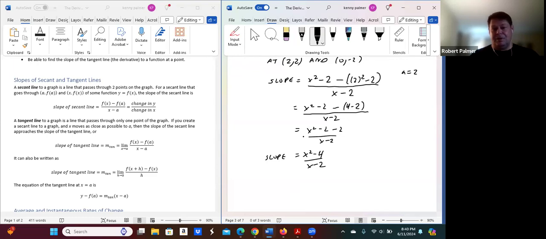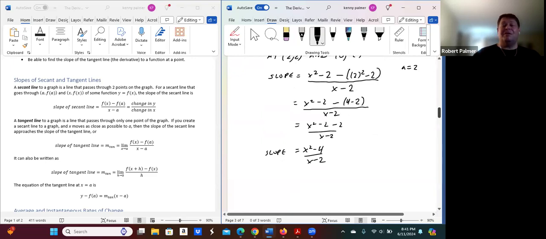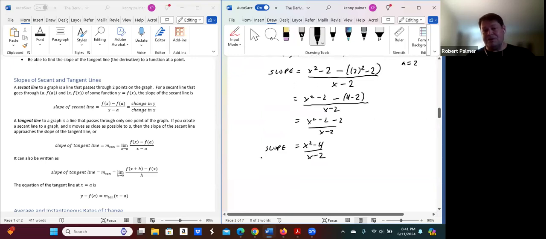Now, what happens if I take the limit of this as x goes to 2? That's the slope of the secant line. Now, let's find the slope of the tangent line.